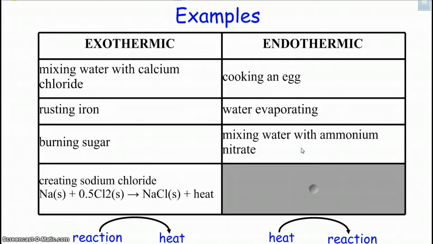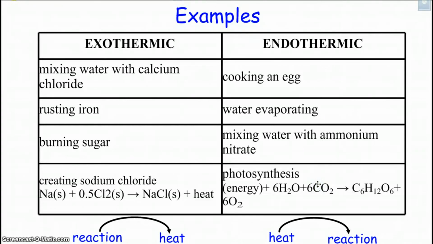Mixing water with ammonium nitrate. This is one we will see in class. Okay, you get an endothermic reaction. There is a cooling of the water surrounding the reaction. And photosynthesis. Energy plus 6 molecules of water plus 6 molecules of carbon dioxide gives you a molecule of glucose and 6 molecules of oxygen.